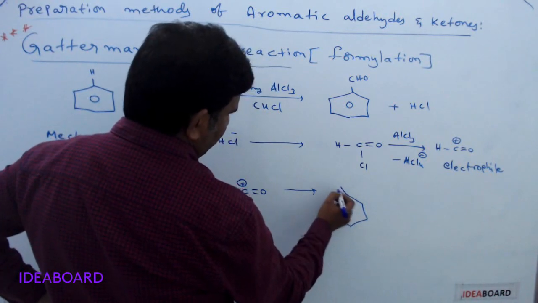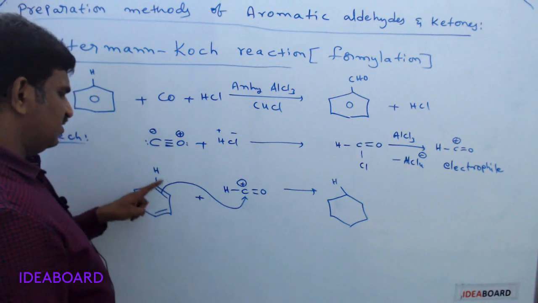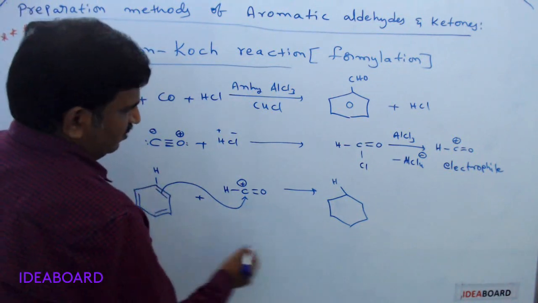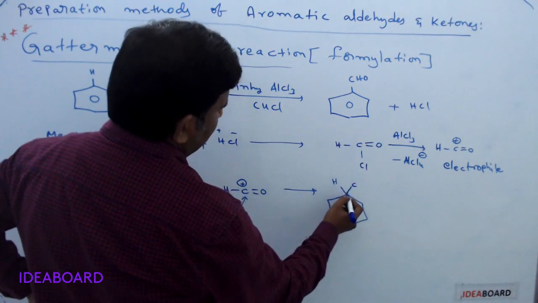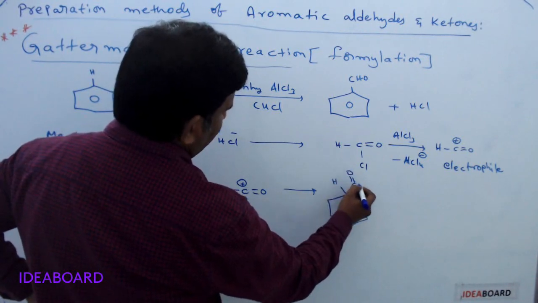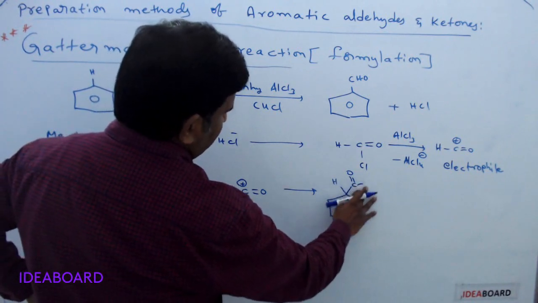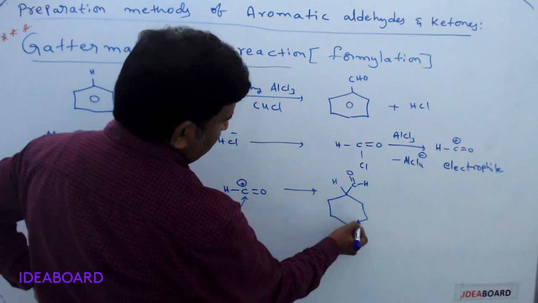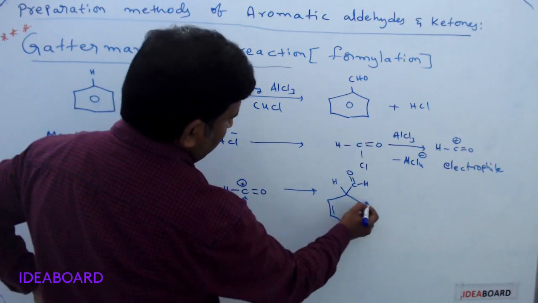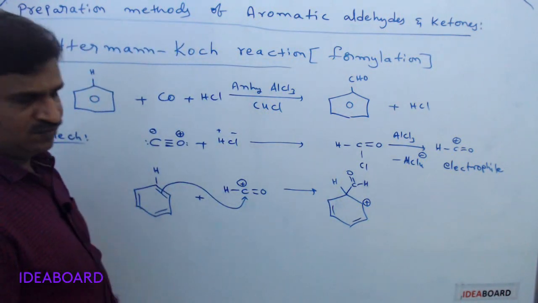It is giving one hydrogen separately, and if this is attacking on the same place, then the pi bond electrons form C double bond O, and hydrogen is present on this place. Next, this has an electron, and this is getting a positive charge because it is losing electrons.